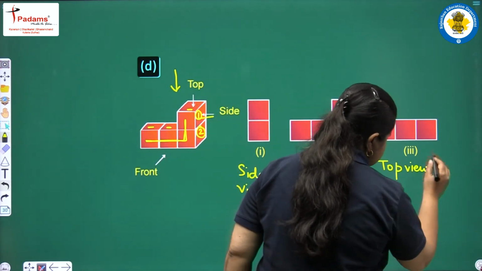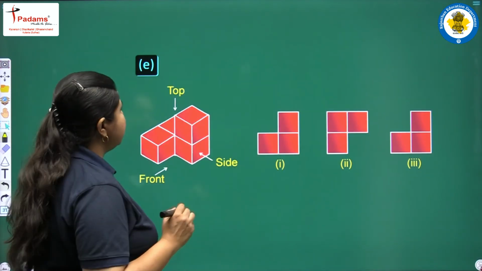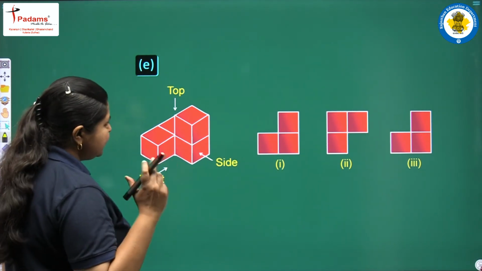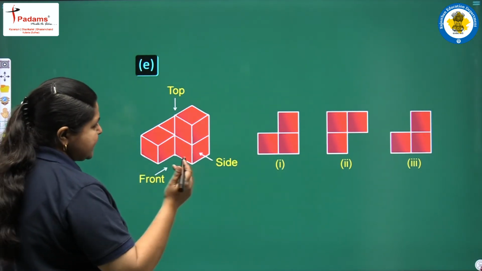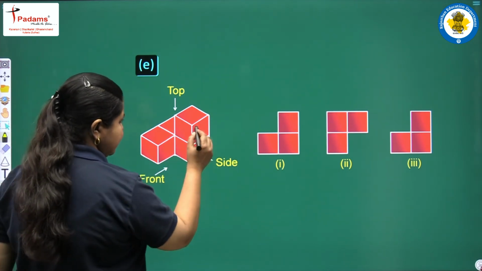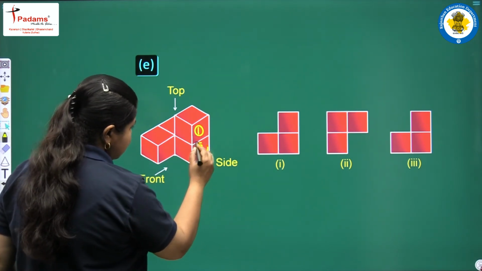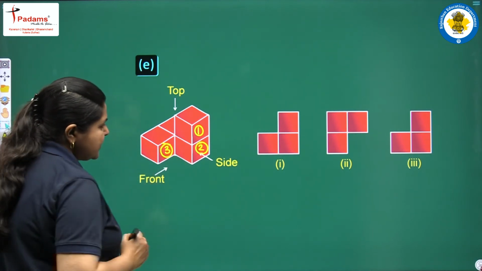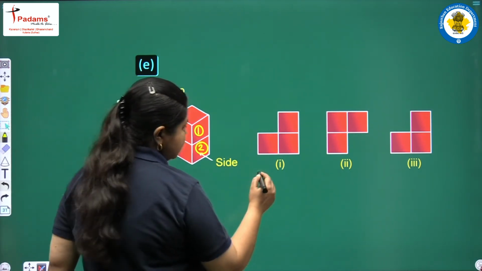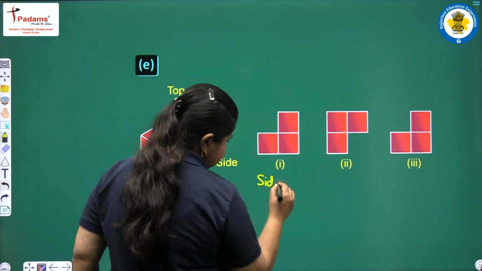Very simple, very easy. Next we have this one, again a combination of cubes. Now look at it. If you look at it from the side, अगर आप side से देखेंगे तो आपको कौन से faces दिखाई देंगे? 1, 2 and 3. These 3 faces will be visible if you look at it from the side, and so you can see here this is the side view.